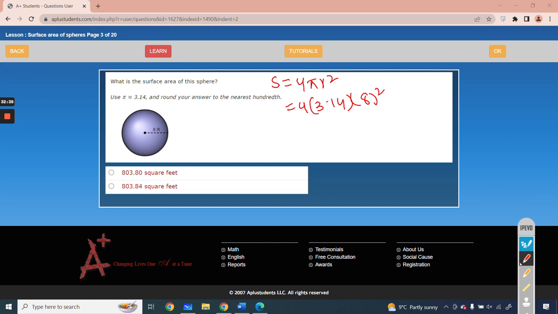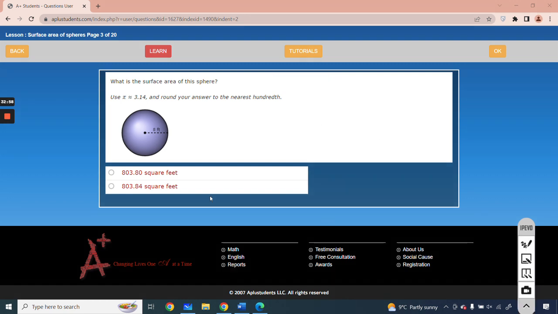Let me just use the calculator. So it is 64 times 3.14 times 4. So it is 803.84. Got it? So option number 2 is the correct option. Just select the correct option, then click on the OK button.